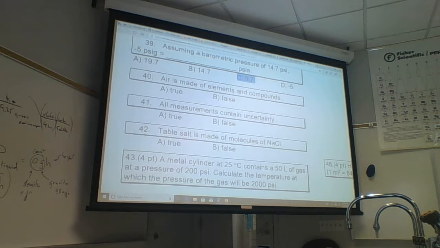And then 0 PSIG is equivalent to 14.7 PSIA. And then let's go with 2 atmospheres. So 29.4 PSIA is equivalent to 14.7 PSIG.